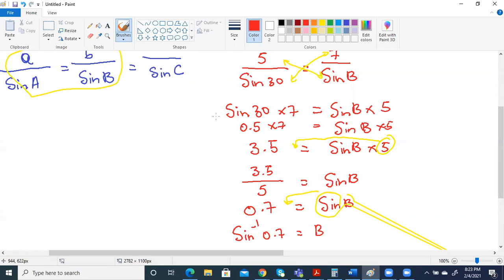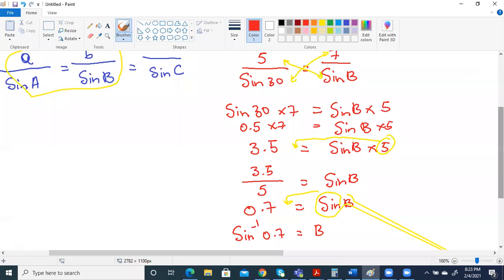If not, you touch second function and then you touch 0.7 and tell me what you get. 44.427. That's the answer.